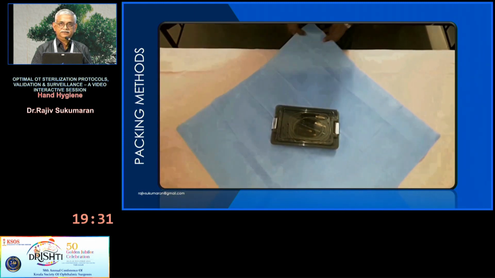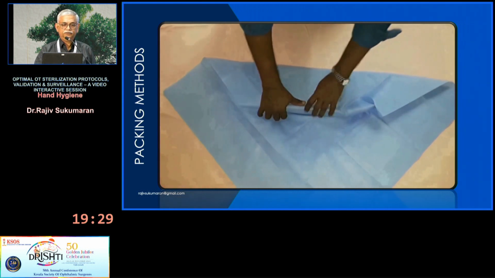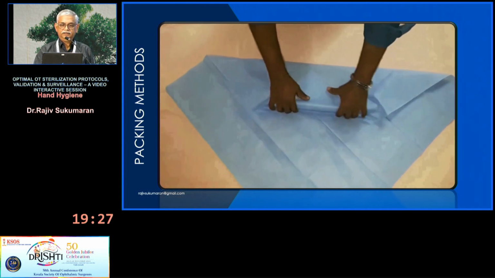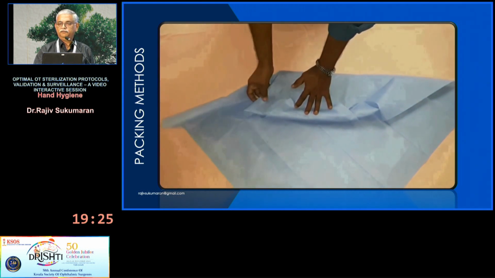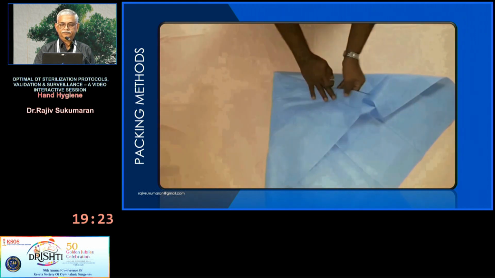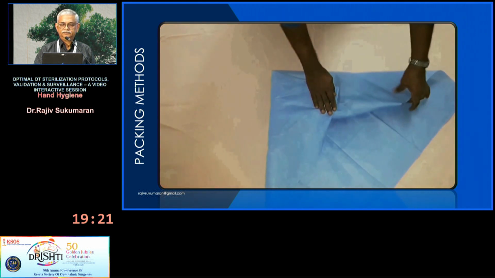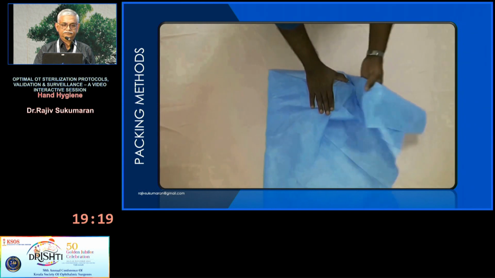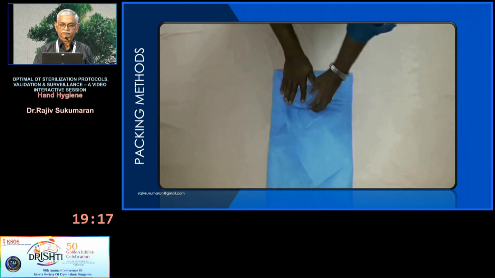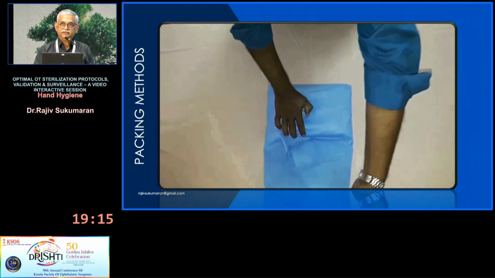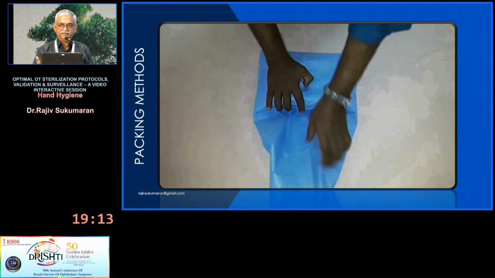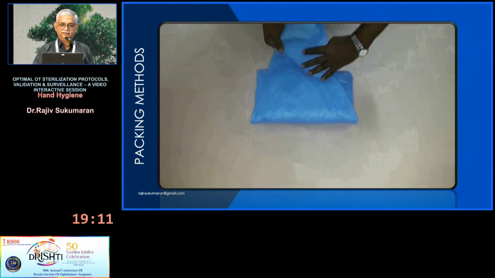Yet another method is the envelope method. It looks like an envelope. Here again, leave a flap for all the folds you make. That's the way to pack fold. This method is used for introducing a set to the surgical site.